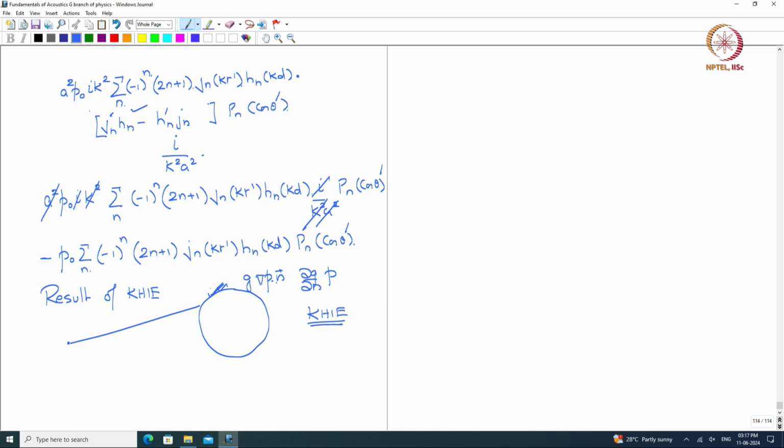Using this knowledge we found a response at a point r dash, vectorially r dash bar or r dash theta dash phi dash, due to a point source which is located d from the center of the sphere. And we started off by a certain expansion. What was that?